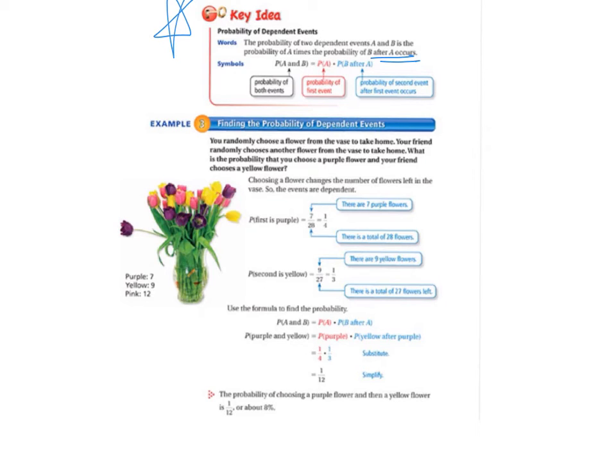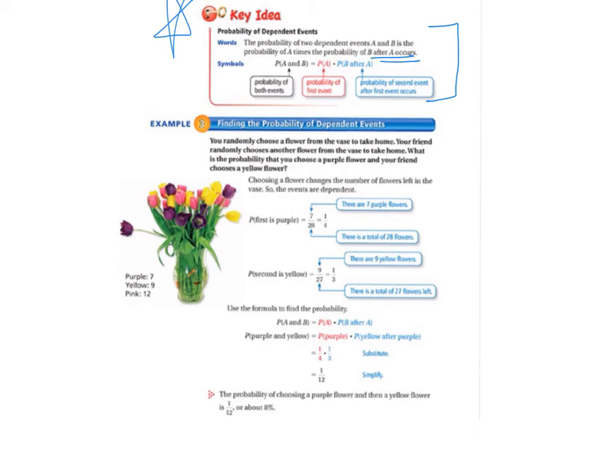So that's what makes the difference between independent and dependent. So it's written as P parentheses A and B equals capital P parentheses A times capital P B after A. So be sure you write all of that in your notes.